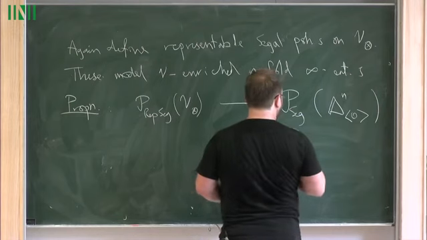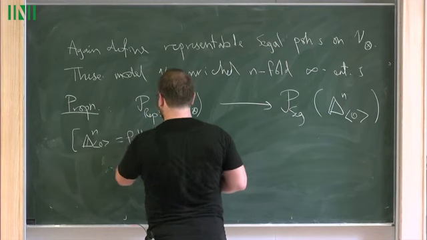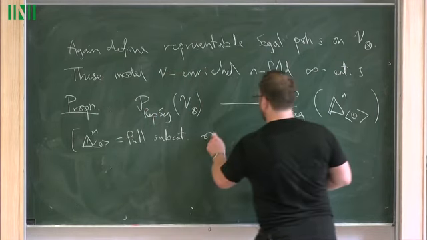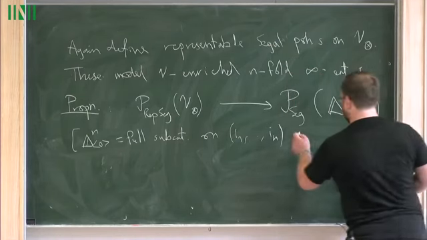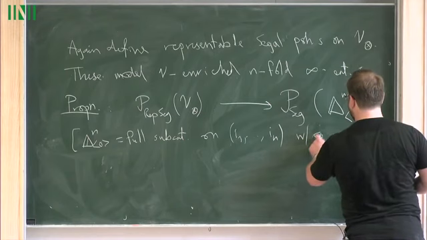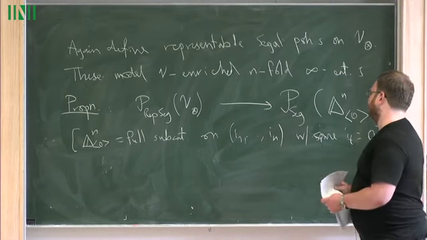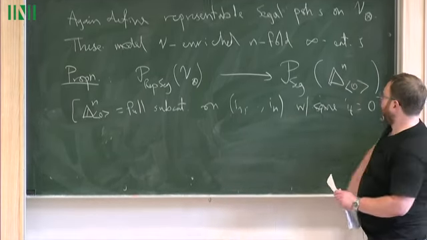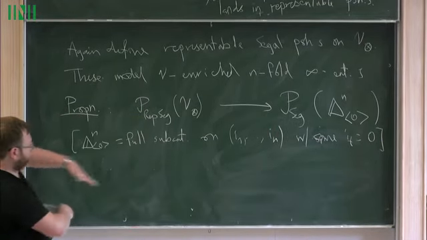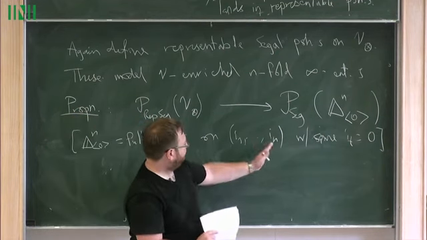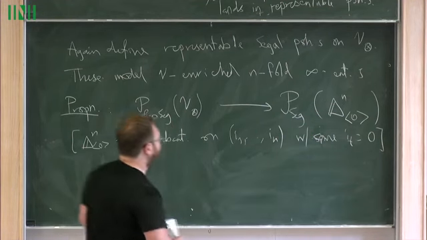What this means is delta n0 is the full subcategory on objects I1 through In, where at least one of these indices is 0, the sum of the indices equals 0. So we have this functor, and by Siegel presheaves, I just mean that if you restrict to any of the bits where a certain index is 0, then you get a Siegel n-1 space.